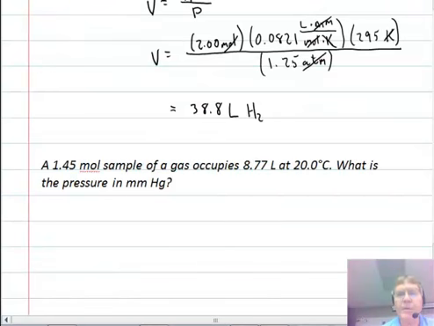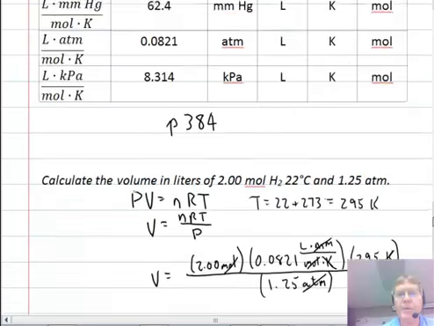Okay, this problem says a 1.45 mole sample of gas occupies 8.77 liters at 20.0 degrees Celsius. What is the pressure in millimeters of mercury? All right, now again, remember choosing the correct value of R is important, and so let me show you.